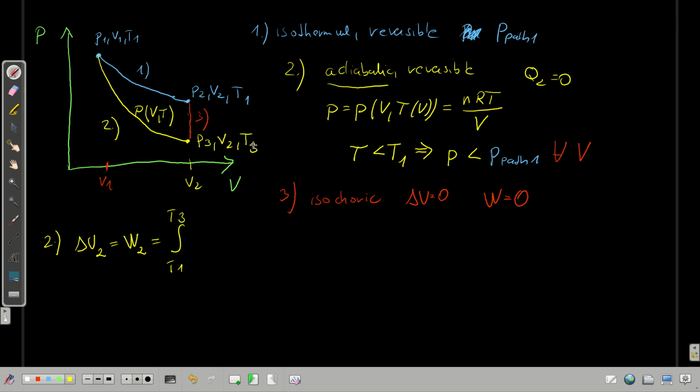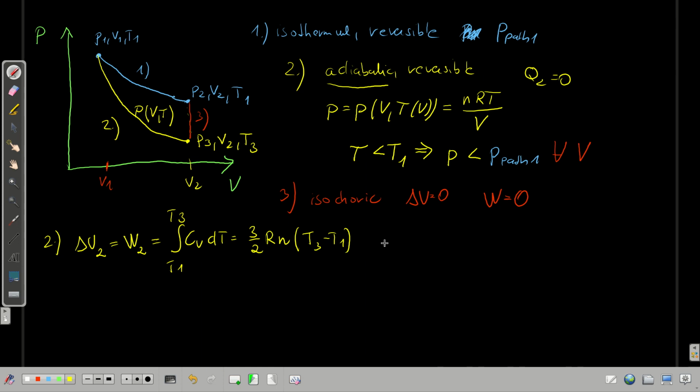Here I could have written T2 as well, but doesn't matter. Of CV dT. CV is again constant, doesn't depend on T, and therefore I can write this expression as 3/2 R, ideal gas constant, amount of substance, T3 minus T1.